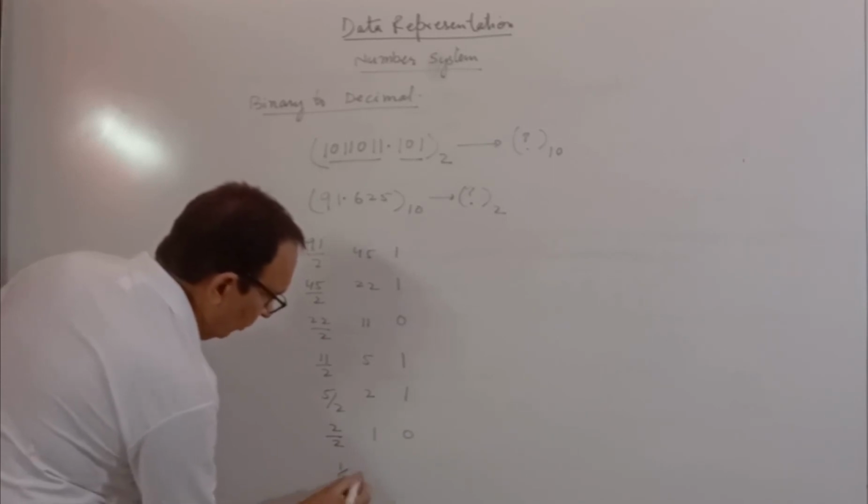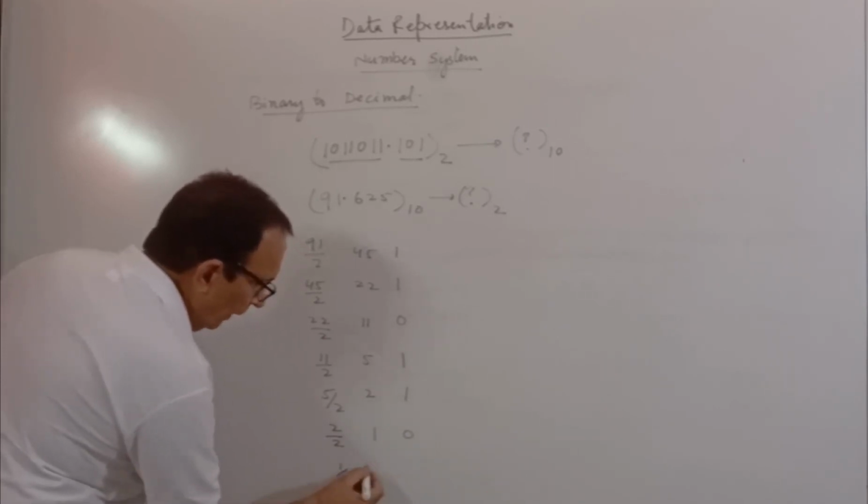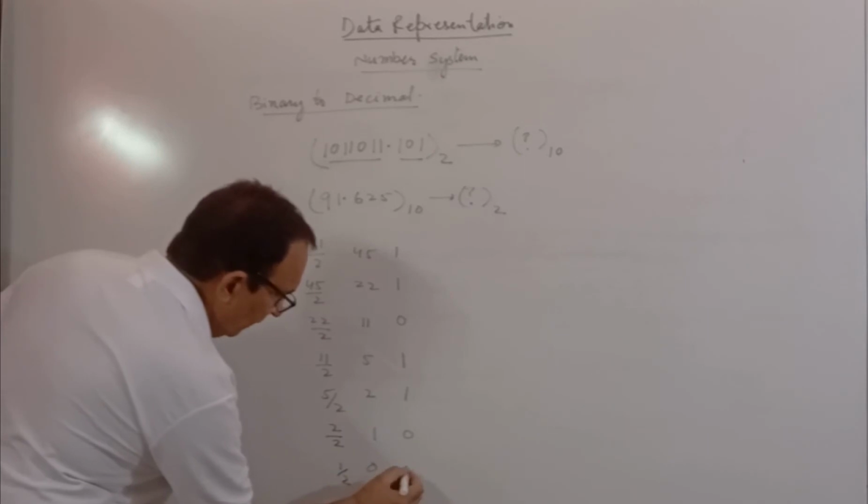And 1 divided by 2 cannot be divided, so the quotient is 0 and the remainder is 1.